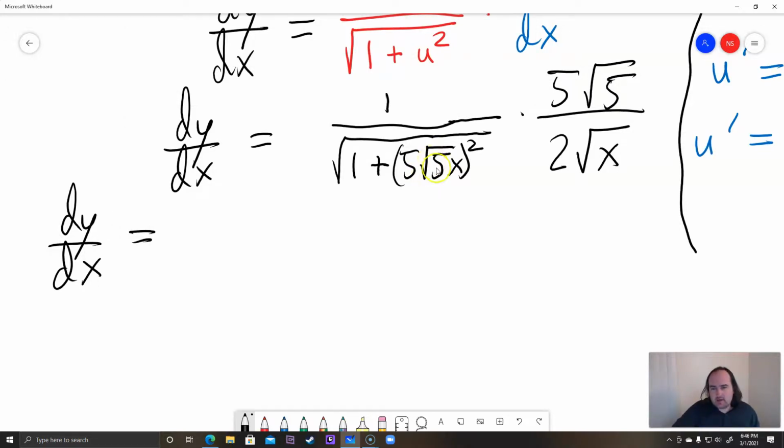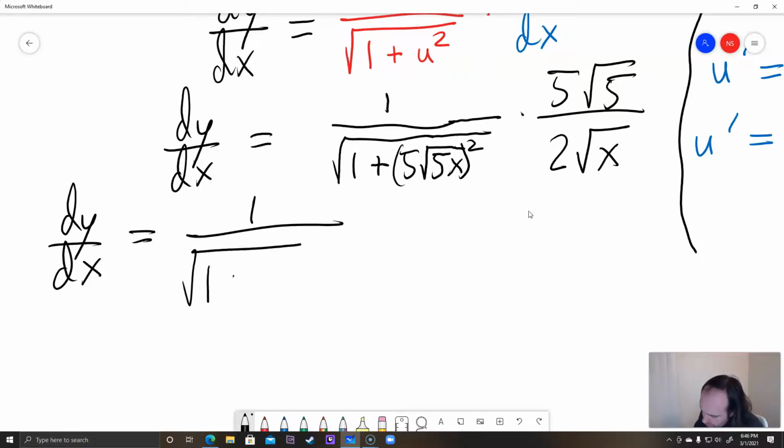How do you square 5 root 5x? Well, that radical actually goes around the x as well. So we're going to have 1 over the square root of 1 plus, well, 5 squared is 25. And for the root 5x, the square root goes away. If you square a square root, it goes away. So under the radical, we're going to have the square root of 1 plus 25 times 5x.